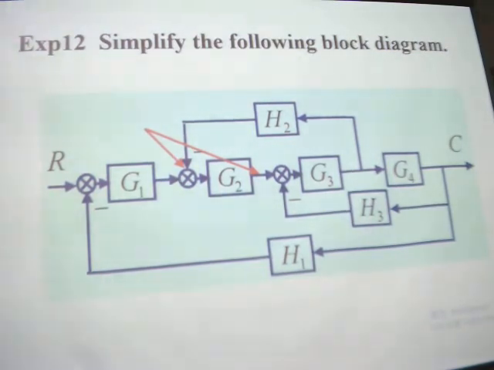And we can see here how to move. Where is G2, H2?